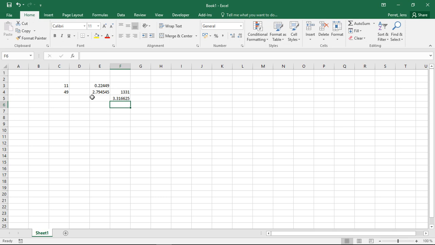The next step would be using exponential functions and logarithms. Here, we actually have only one exponential function, because with the power function I can simulate anything else which is not the exponential function. So I can go with the exponential function, to the power of 11 would be this value.